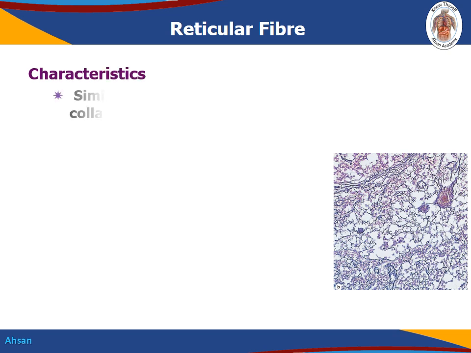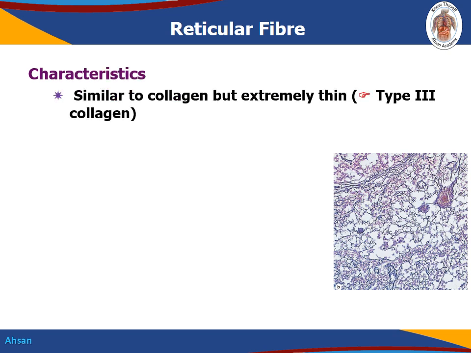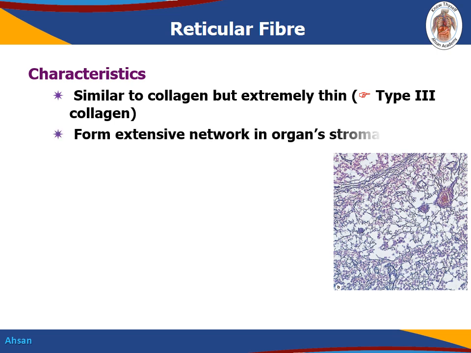Reticular fibers are similar to the collagen fiber but extremely thin, and they match with collagen type 3. They form the network in the stroma of the organ, and with special stain this can be visible as shown in the high power microscope in this figure.